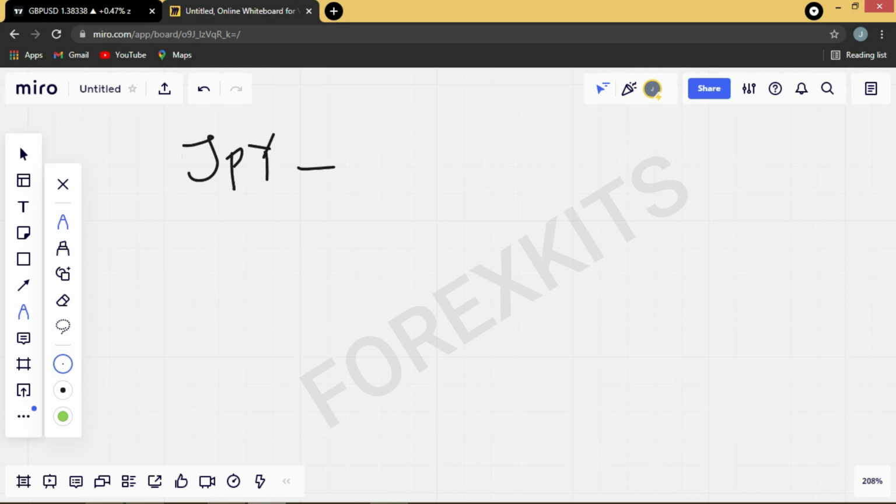JPY pairs are usually quoted in 2 decimal places, so it's going to be something like 105.20, and your charting software might give you an additional digit, like 3 here. Remember that we need 10 of these to make 1 pip. And if pip is what we use to calculate a single incremental change in foreign exchange, then you understand that the 3rd digit here is not useful to you.